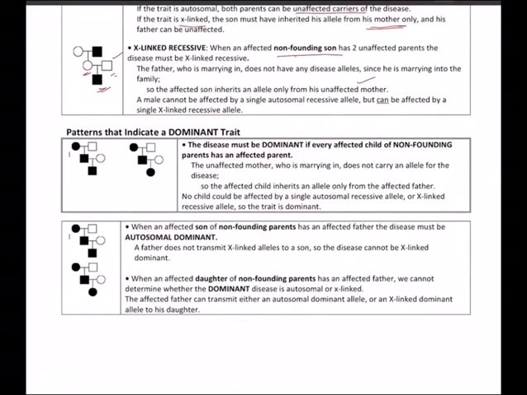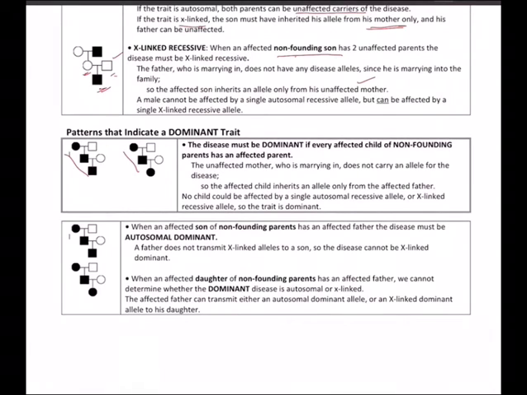Now what about dominance? We have been talking about the recessive. Here, dominant trait. The disease must be dominant if every affected child of non-founding parents has an affected parent. Look at this, every affected child of non-founding parents has an affected parent.